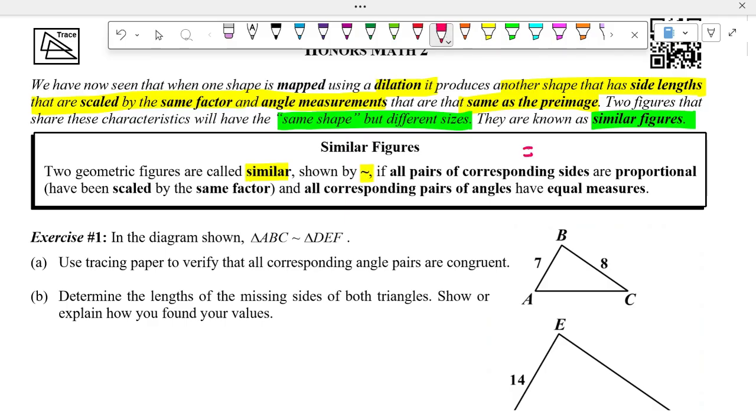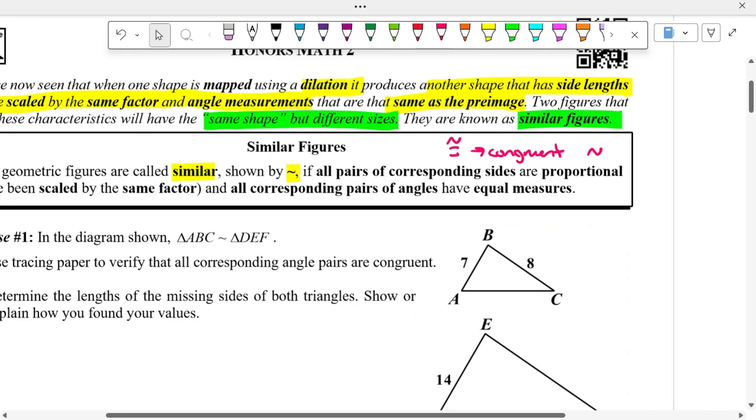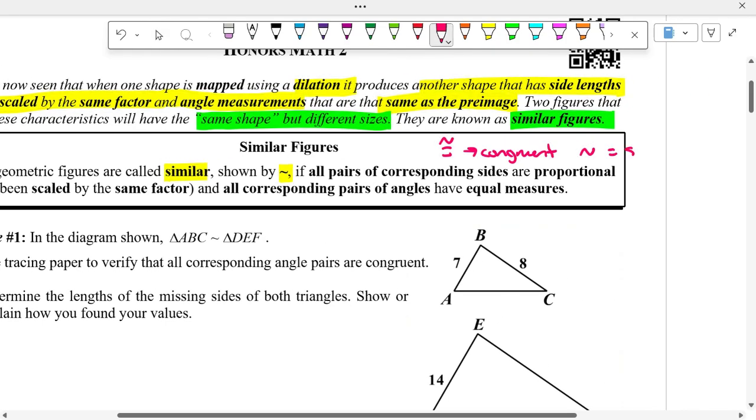So just how an equal sign with a squiggle on top means congruent, if you just see a squiggle and no equal, that means similar. All right, you need to know that notation.